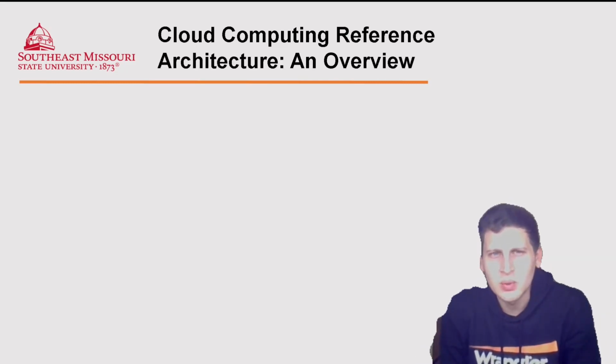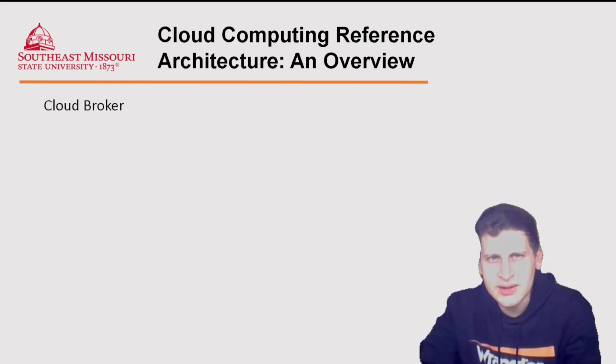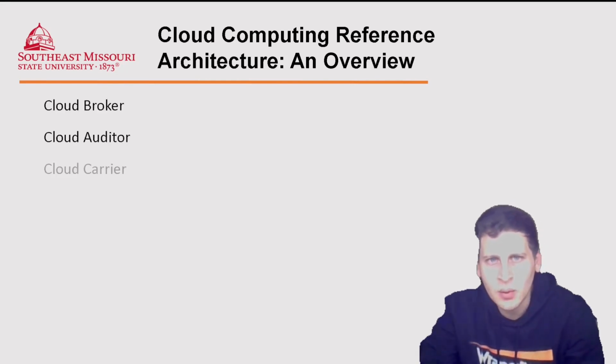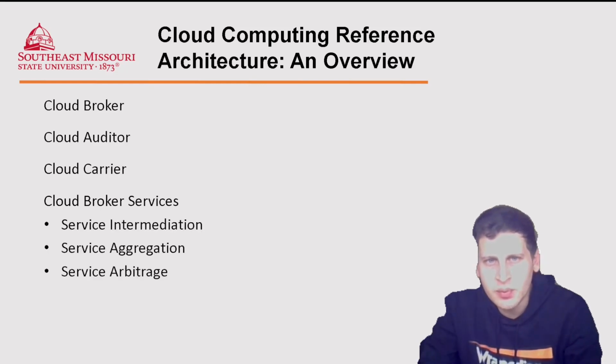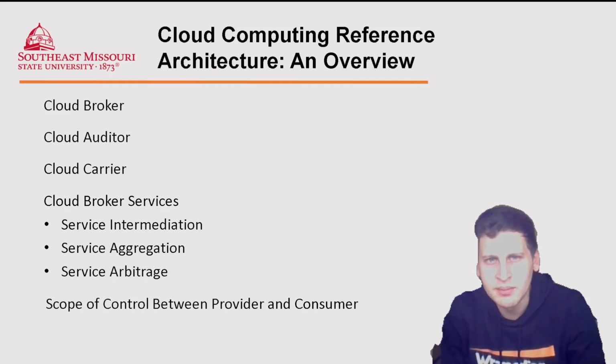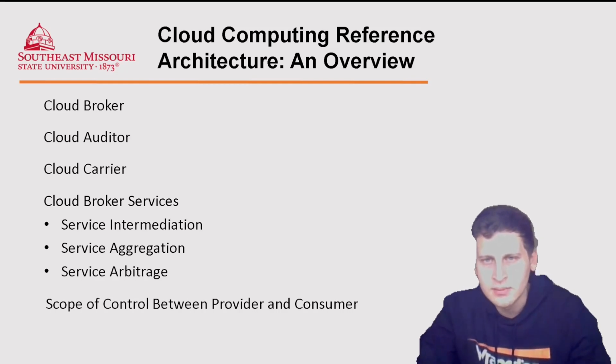In the next chapter, we tried to explain in detail what a cloud broker, a cloud auditor, and a cloud carrier are. We have seen the services provided by the cloud broker according to categories. Finally, we learned the control scope between provider and consumer according to layers.